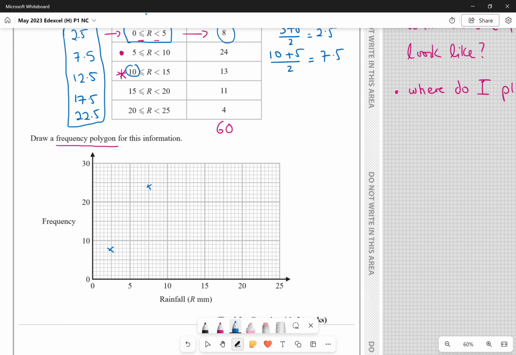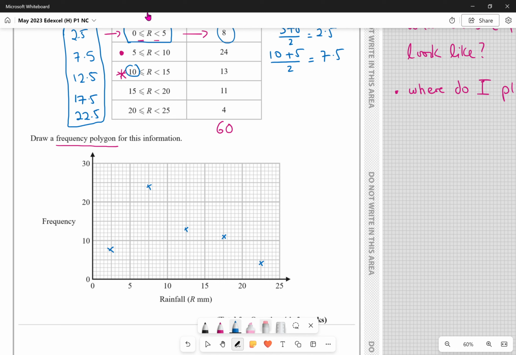That's 15, so 2 down from 15 is 13. 17.5 is 11, so halfway between 15 and 20 is 17.5. That's 10, that's 11 there. And 22.5 is 4, so halfway between 20 and 25 is 22.5, and we're going to plot at 4.